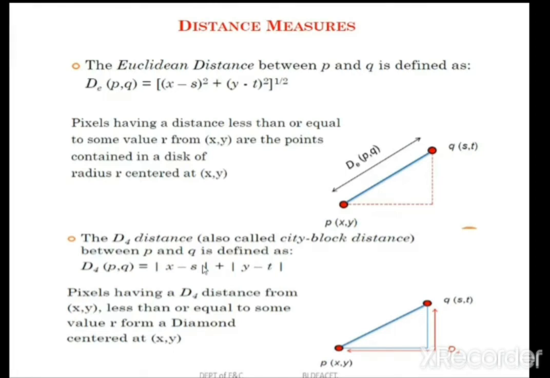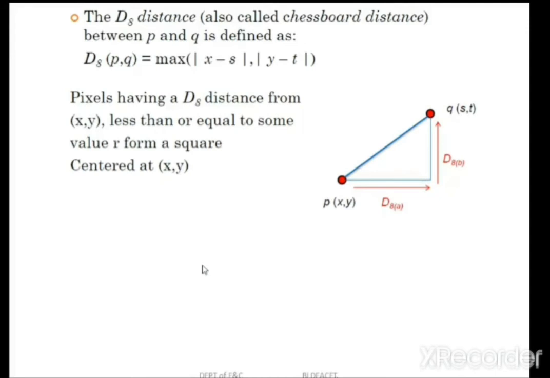Next we have D8 distance. The D8 distance is also called chessboard distance. The D8 distance between the pixels P and Q can be defined using the equation D8 of p comma q. That D8 of p comma q indicates D8 distance or chessboard distance.